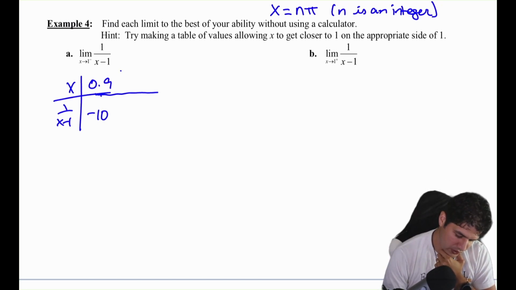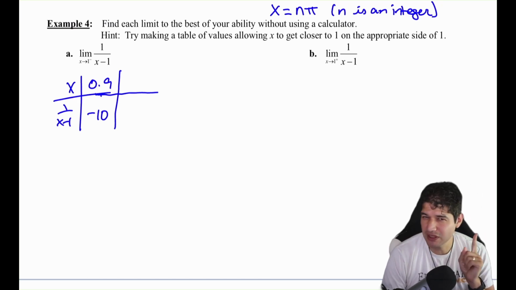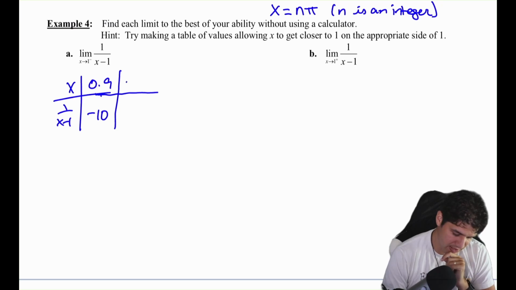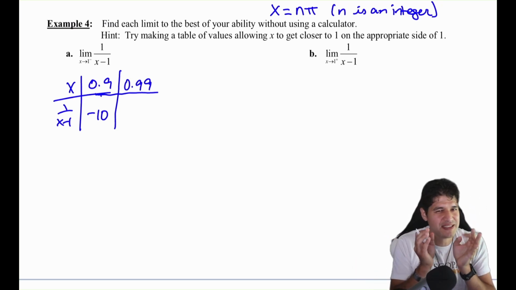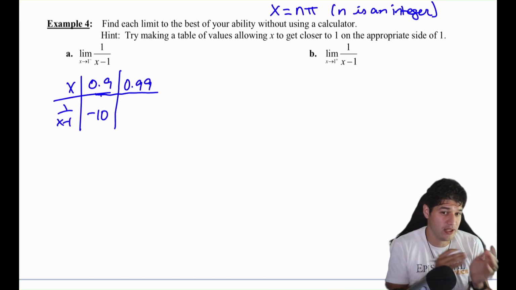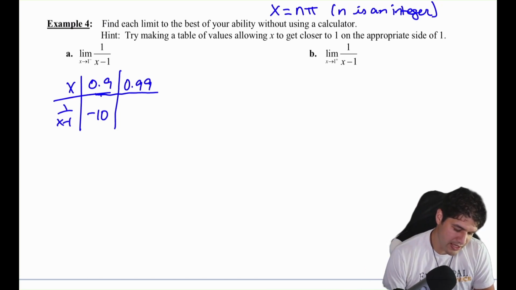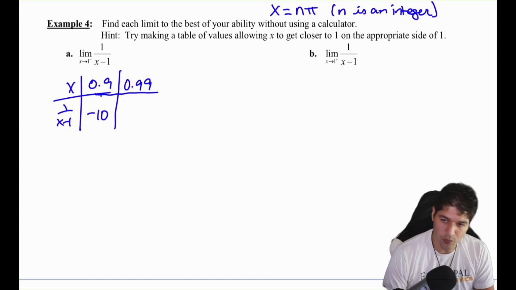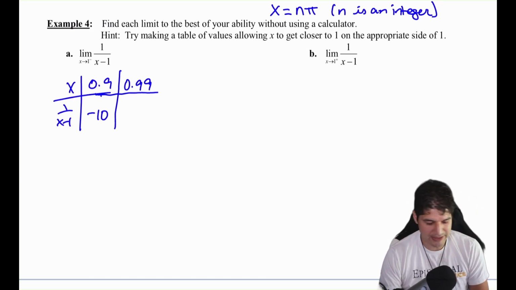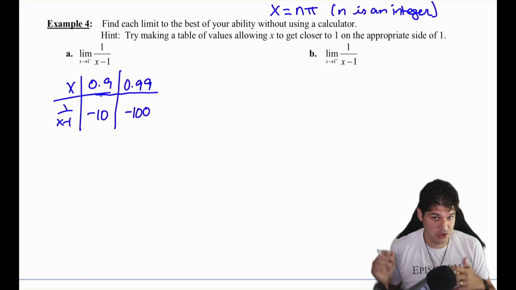Well, what if I get even closer to 1? I still want to be to the left of 1, so I'm going to say 0.99. Isn't that a little bit of a step closer to 1? When I do that, 0.99 minus 1 is negative 0.01, and 1 divided by negative 0.01 is negative 100. So let's keep going.